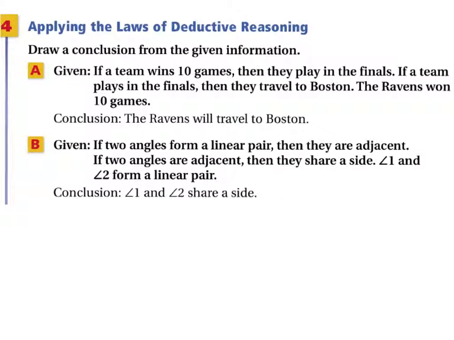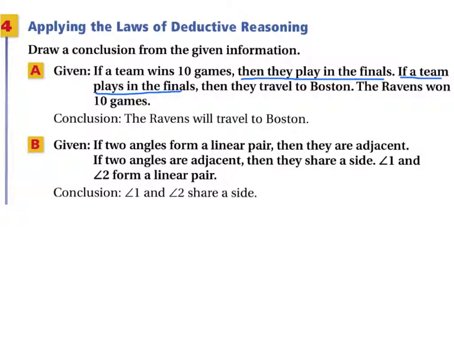So now in our last example, we're going to apply the laws of deductive reasoning to make our own conclusion from the given information. So in A, given, if a team wins 10 games, then they play in the finals. If a team plays in the finals, then they travel to Boston. Notice that the conclusion in this first one matches the hypothesis in the second one.